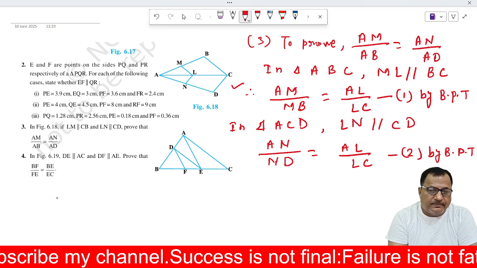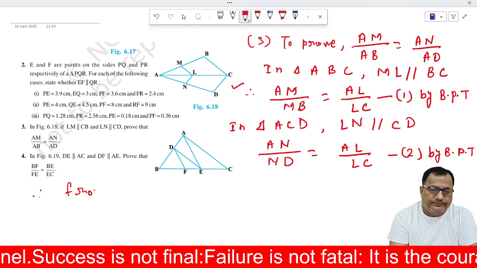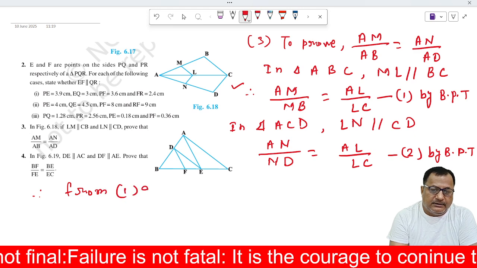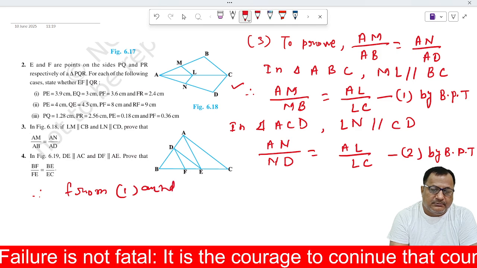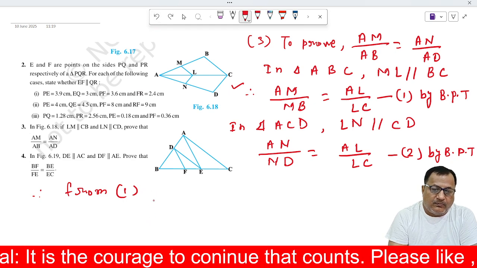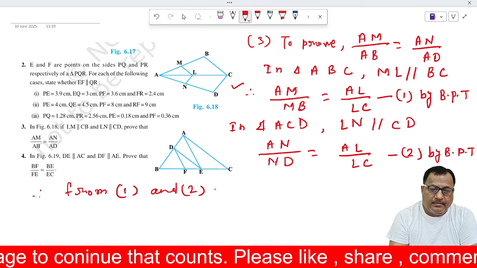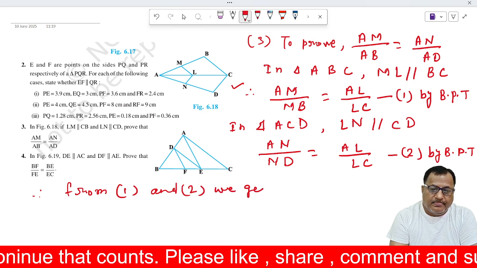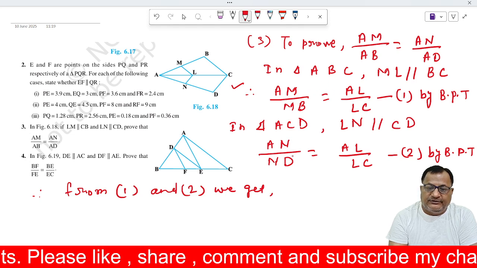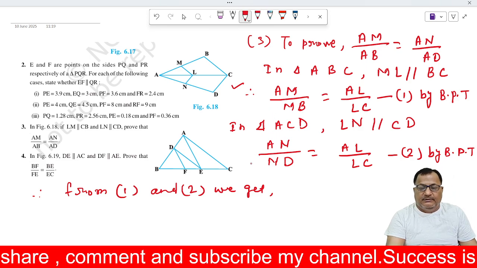So therefore, from 1 and 2, because this is equal to AL by LC and this is also equal to AL by LC, they themselves will be equal.